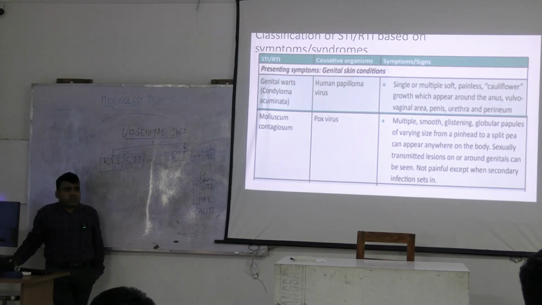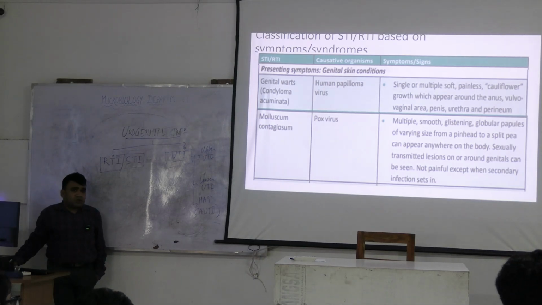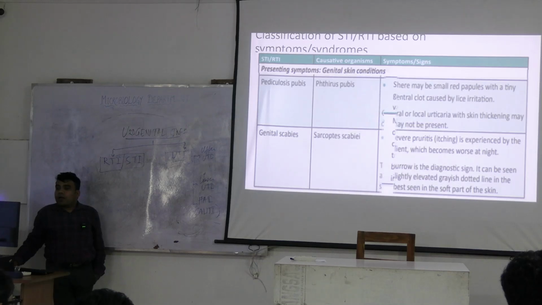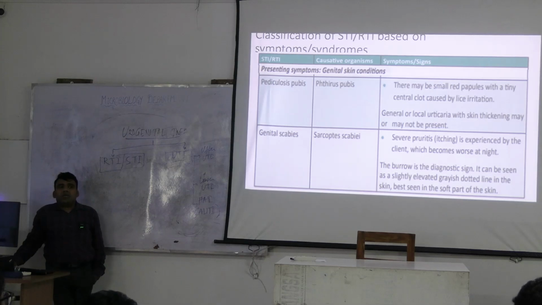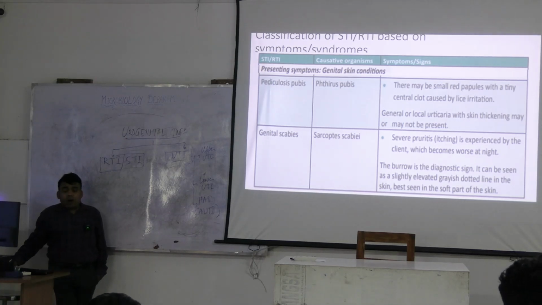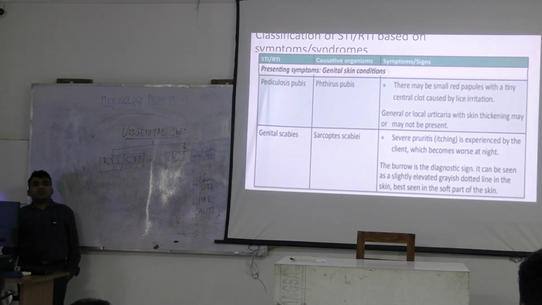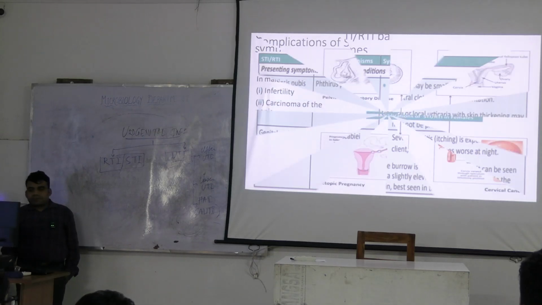Itchy lesions or small swellings in the genital region may indicate warts caused by human papillomavirus or molluscum contagiosum caused by pox virus. Ectoparasitic infection may be seen in pediculosis pubis, pityriasis pubis. This is called pubic lice. Like body lice infection, only in the pubic hair this lice may be seen, or even scabies caused by Sarcoptes scabiei may be transmitted.